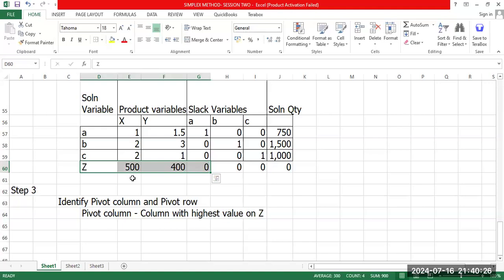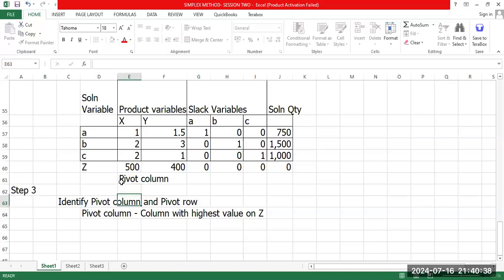This is the highest value. So this will be my pivot column. Just use your pencil and indicate that this is your pivot column somewhere.